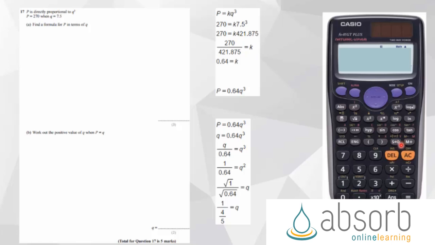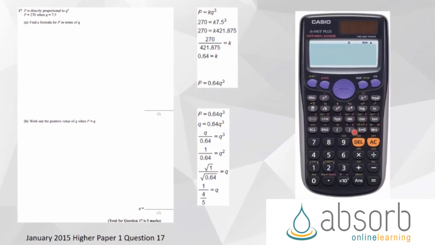It's always worth checking to see if any terminating decimals that you get as a result of a calculation can be changed straight over into a fraction. Just to emphasise that, 0.64 is another way of looking at 16 over 25. That might be what appears on your calculator as well. It's probably more likely to be 4 over 5.